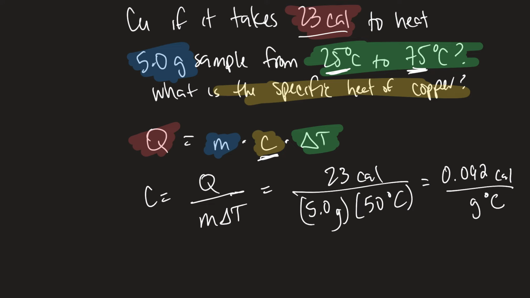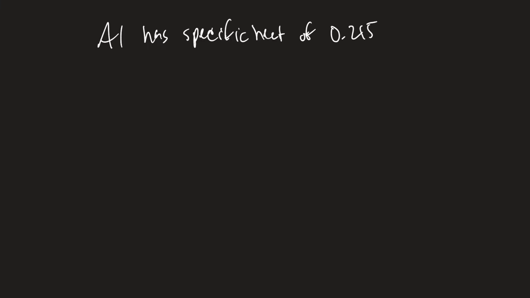Okay. Now let's do one more. I know this video is kind of long, but let's look at one more type of problem, where we're using the same equation, but we're going to be solving for something a little bit different. So we have aluminum. Aluminum has a specific heat of 0.215 calorie per gram degree Celsius.